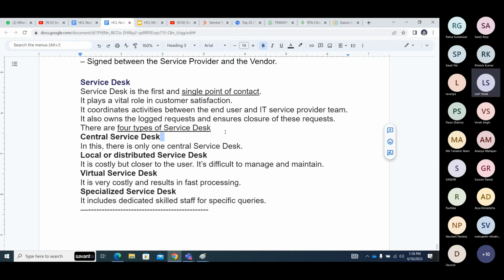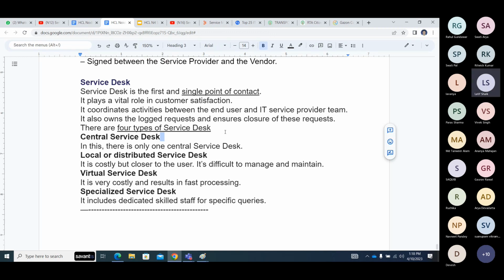You call when you have a problem and get a response in your own language, with your locality, so you feel it is easy. For example, when you call Amazon's service desk you get local support in your own language. You feel very good, but it is difficult to manage and very costly.